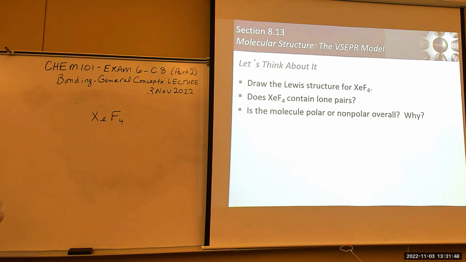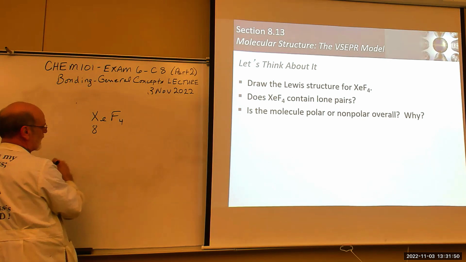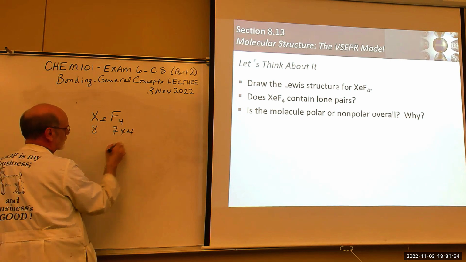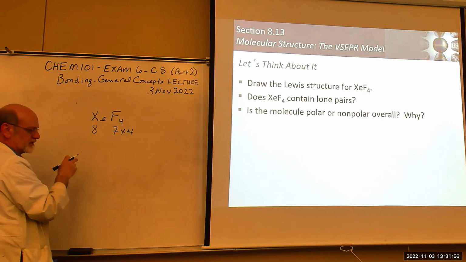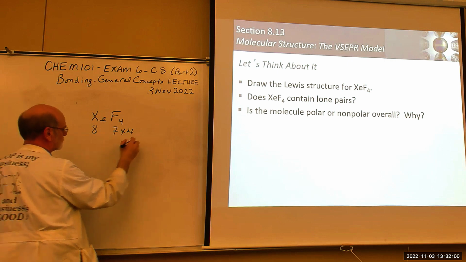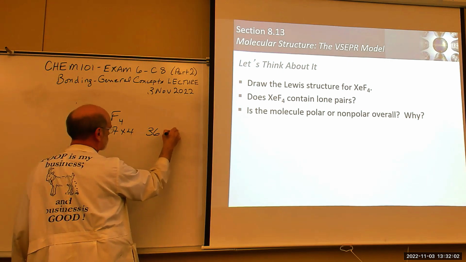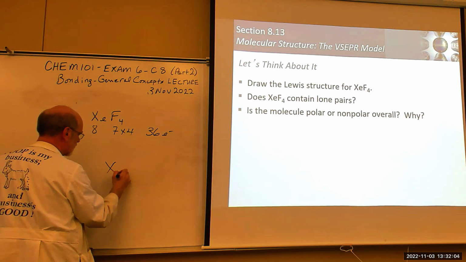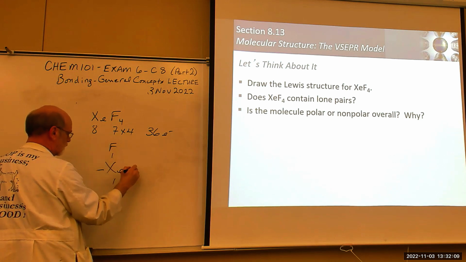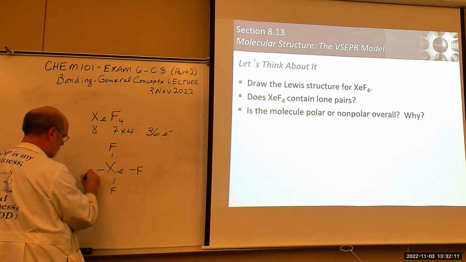Xenon, that's got 8, right? It's a noble gas. And fluorine is 7 each times 4, so that's 28 plus 8 is 36 electrons. Xenon is in the middle with four fluorines.